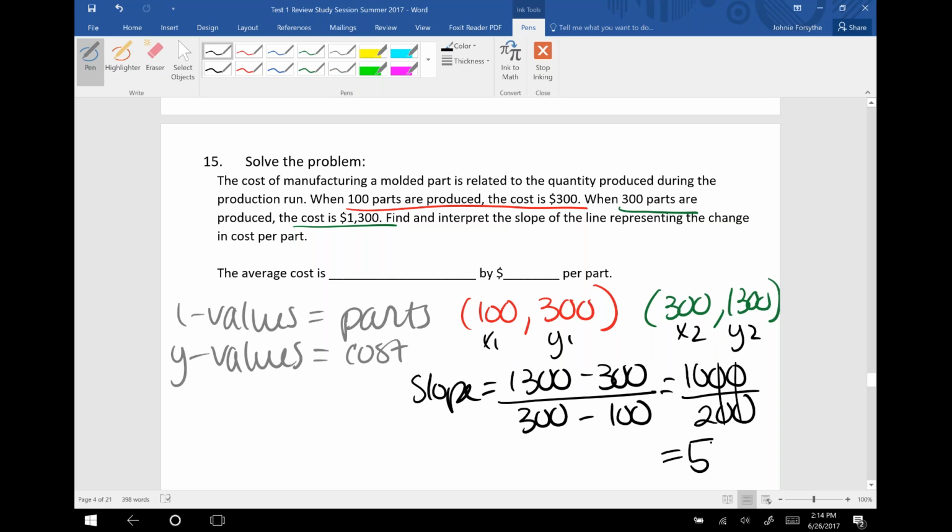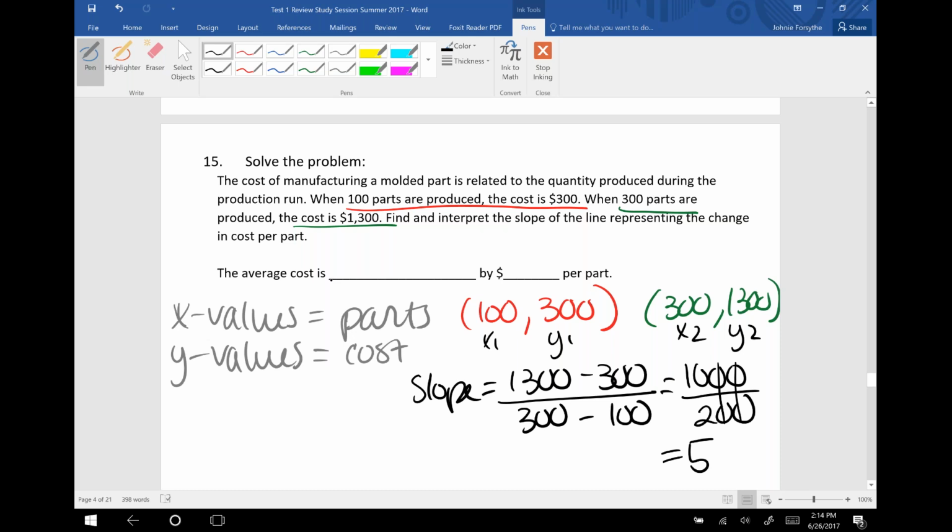Okay? So this is saying that this would be x. So the average cost is changing. Oh, okay, this needs to be the word increasing or decreasing.